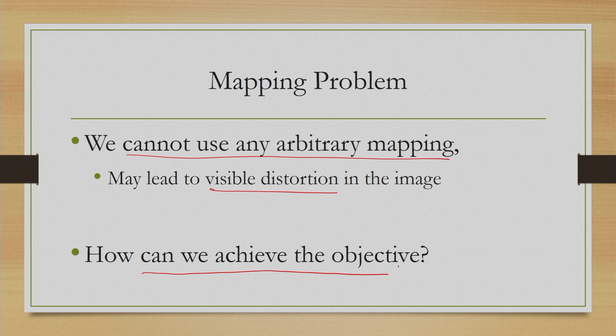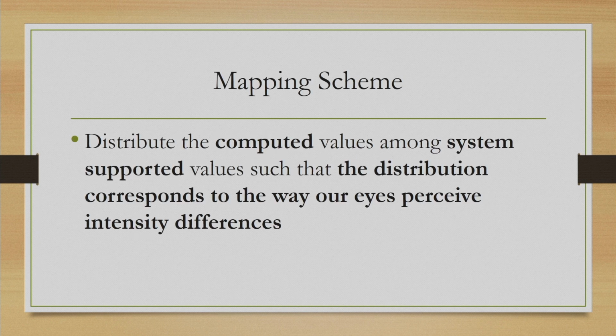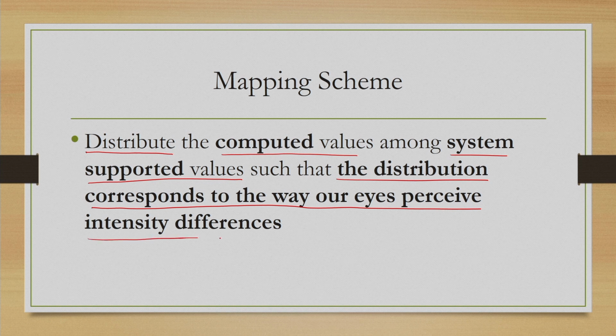How can we achieve this objective? Let us try to understand the scheme through which we can achieve it. That is the mapping scheme. The core idea behind the scheme is that we need to distribute the computed values among the system supported values such that the distribution corresponds to the way our eyes perceive intensity differences.